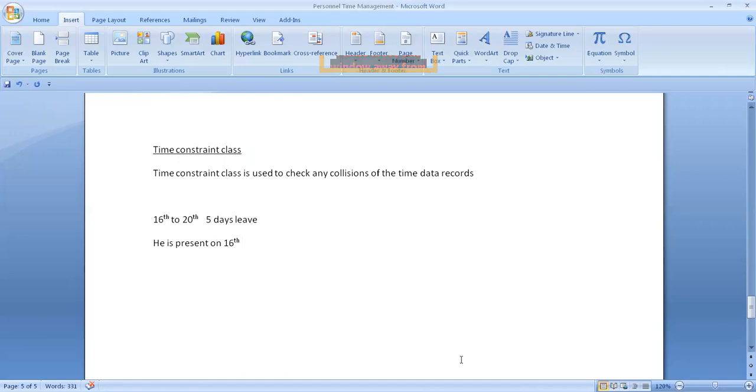There are certain indicators also for this. There are certain collision indicators, which you can call reaction indicators. These reaction indicators are maintained to avoid the duplication of the records.